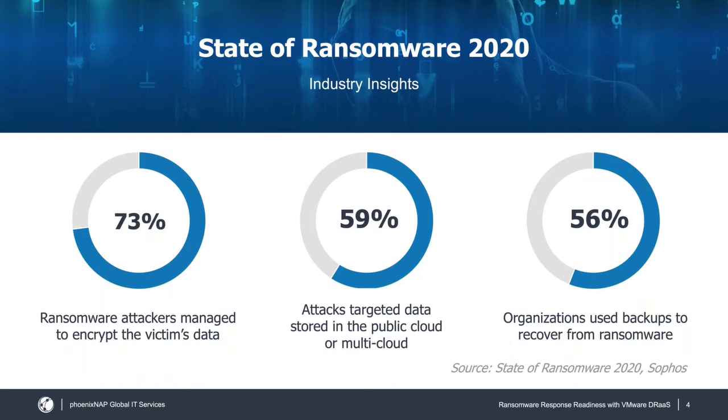So we have a massive population of systems that have been created. They're really hard to protect, and we are seeing huge spikes still in 2020 with ransomware. And it is encrypting people's critical data.